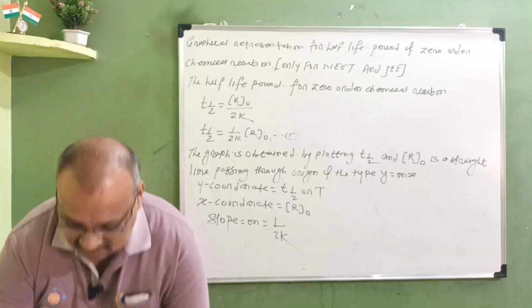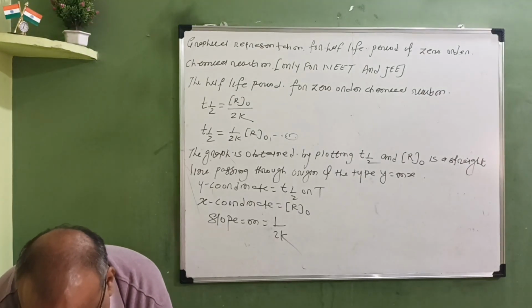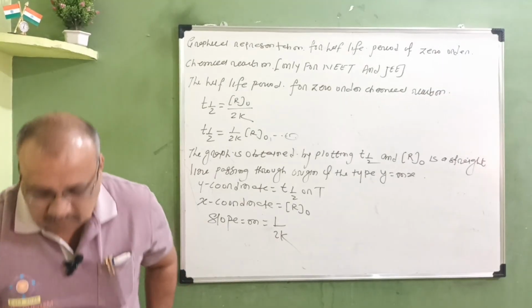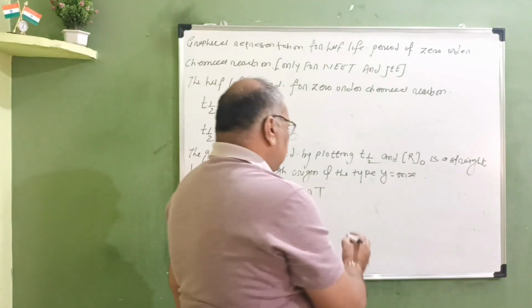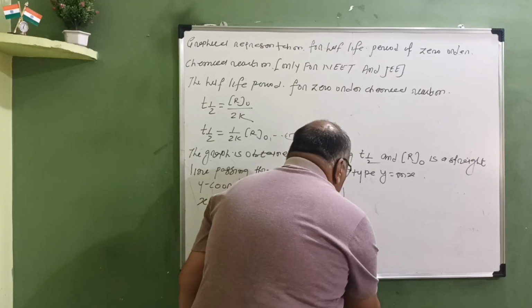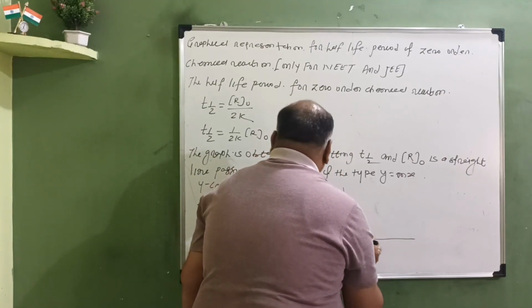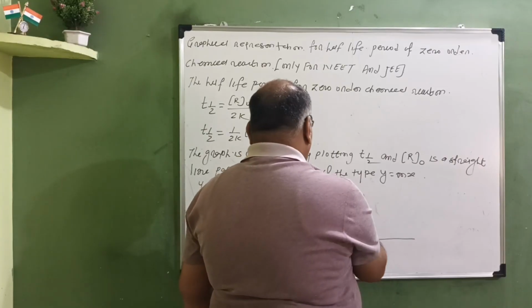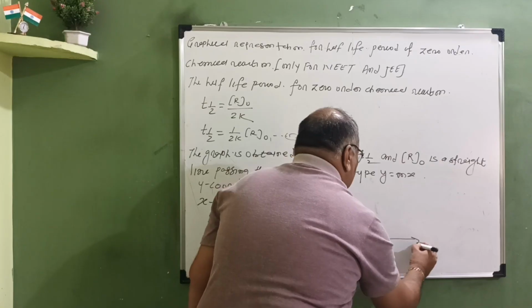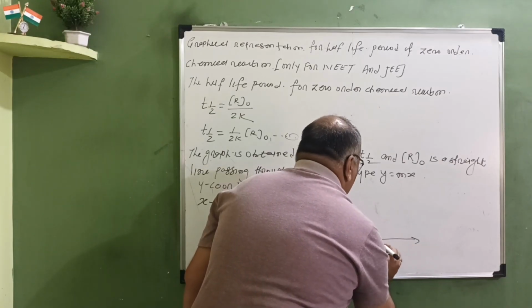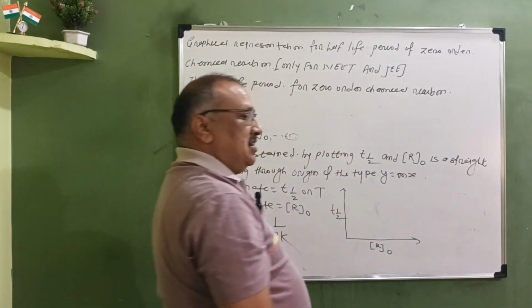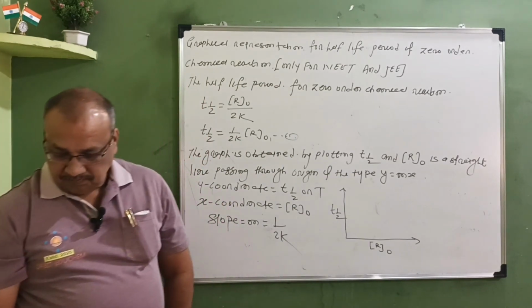That means draw the graph. Here write down T half and here write down concentration of reactant at time t equal to 0.